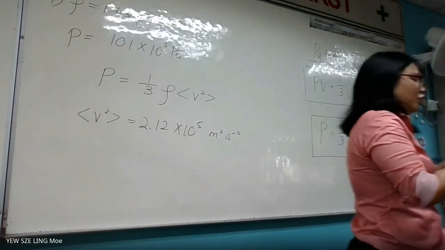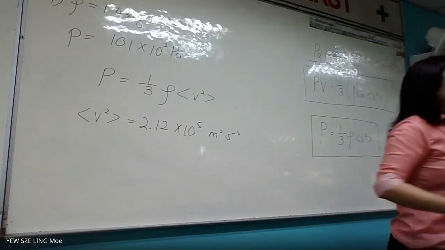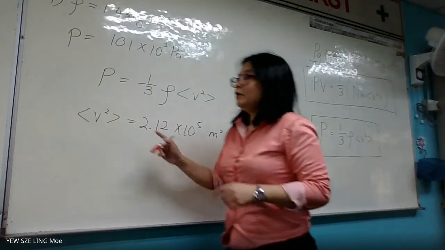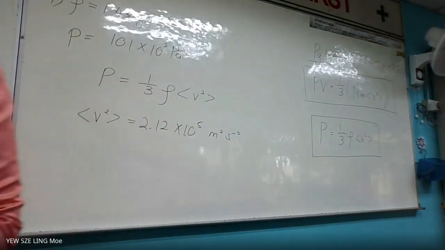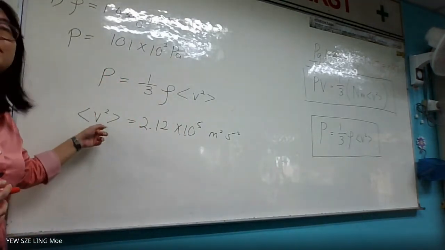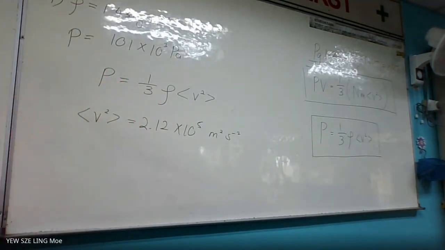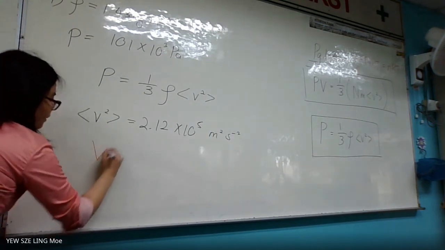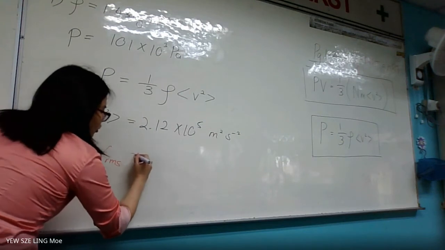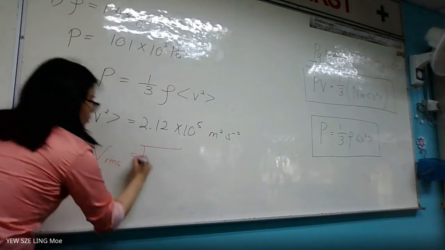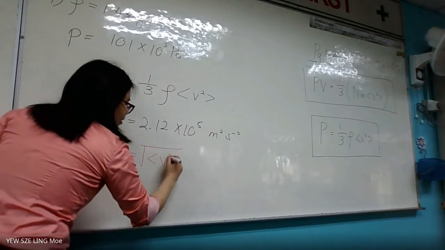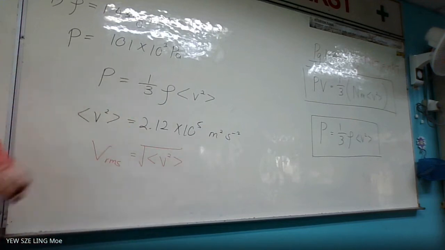But the question is asking for root mean square speed, so you need to know the relationship between v_rms and this value. According to the definition of root mean square speed, v_rms equals the square root of the mean square speed. So you need to square root this value.